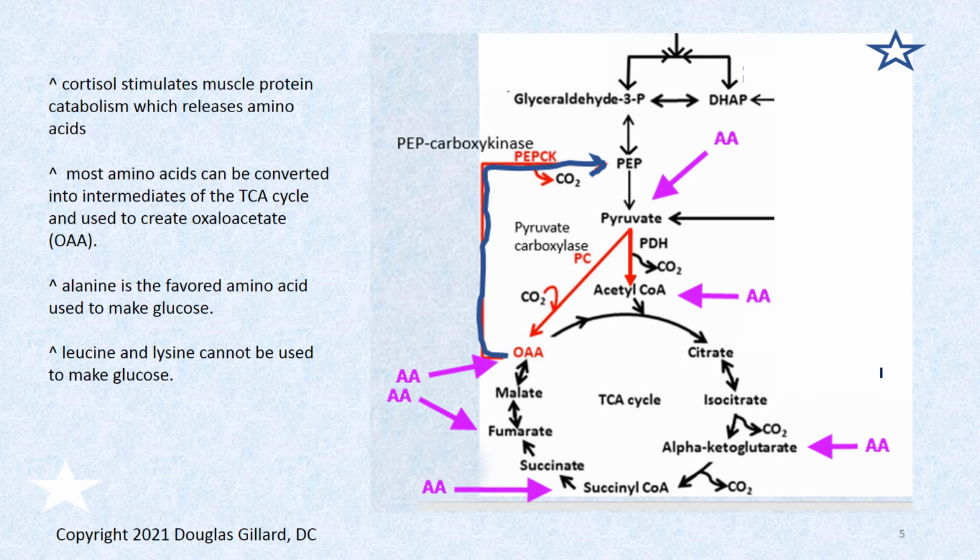I don't think for this class you have to know that, but you do have to know that most of the amino acids, with the exception of leucine and lysine, cannot be used to make glucose. And ultimately, I cut some of this out so we can see it. But up here is glucose.